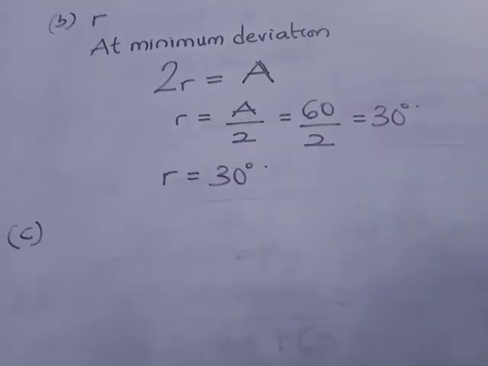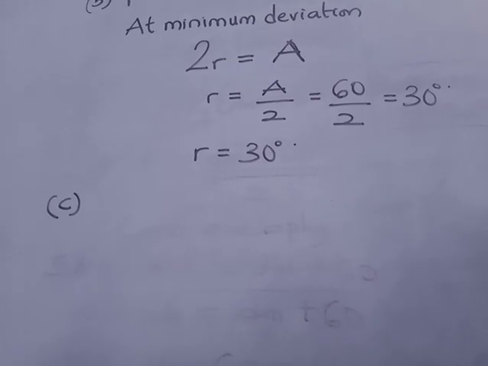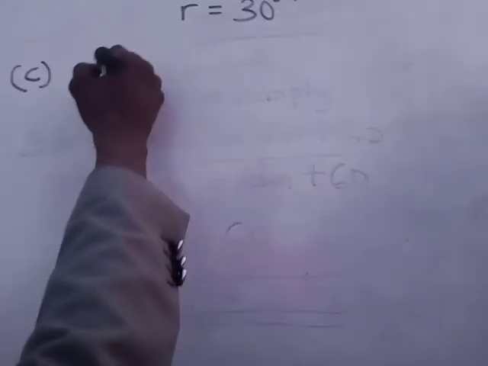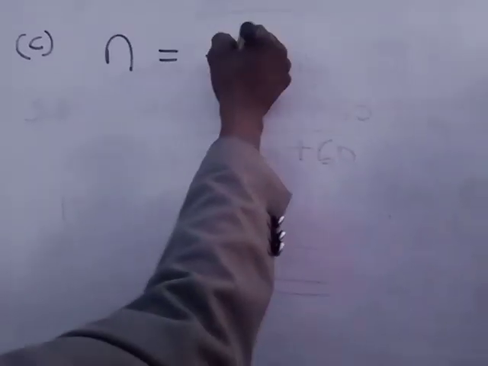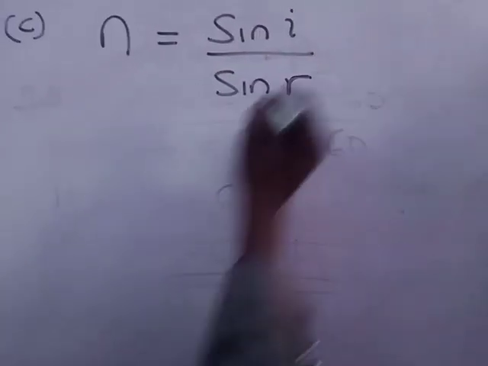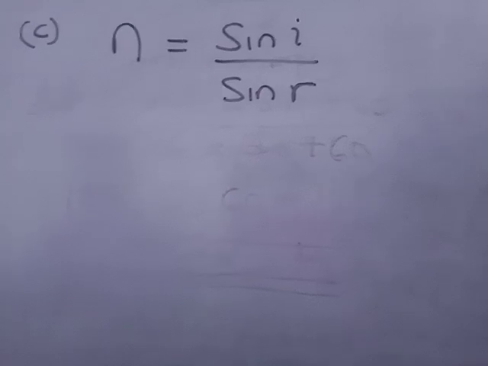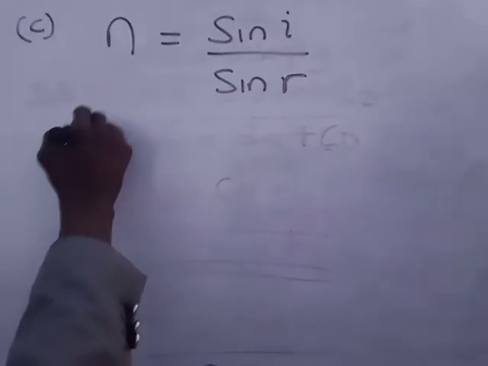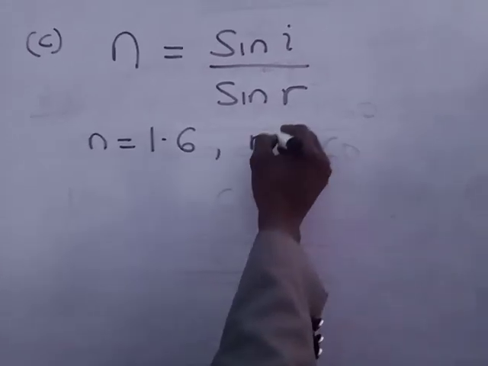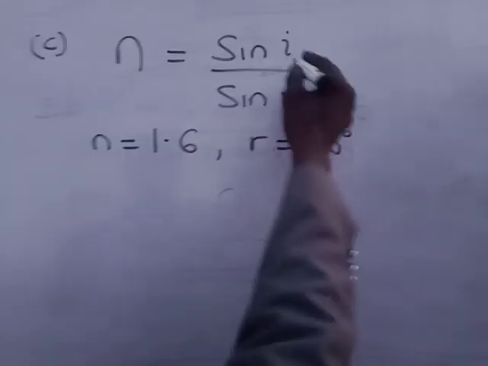That's the B. Then the C, the last question now. The last question C, let's calculate the angle of incidence at DM. And you remember again that refractive index is sine I over sine R. This is Snell's law that we have been told, and we have been given this to be 1.6 from the question. And again we have gotten R to be 30 degrees, so we want to get I now.